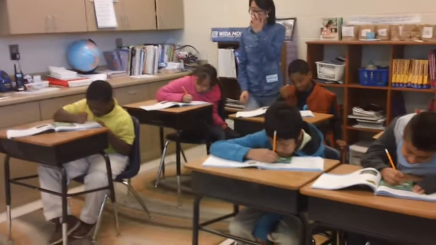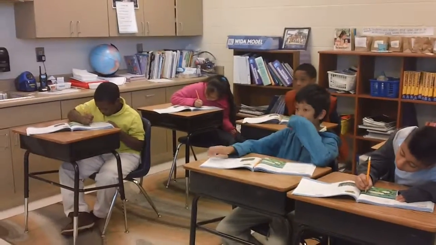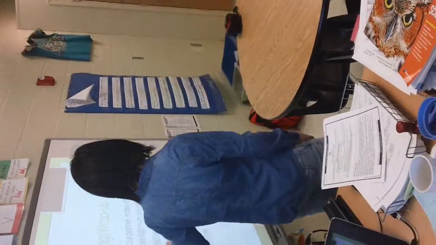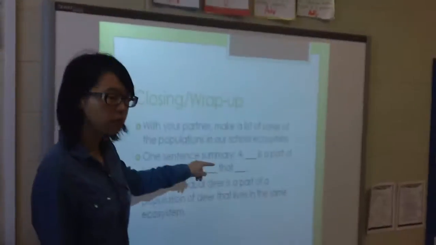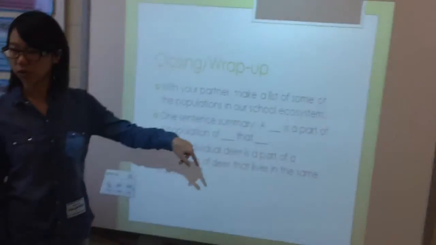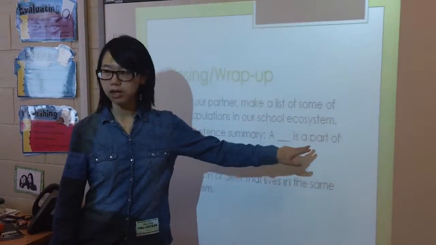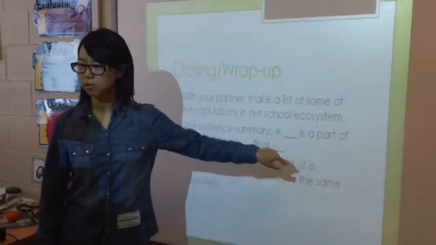Yes, okay, I think everyone got the right answer. Before we get out of the classroom, I have a summary sentence activity for you. We're just going to do the second one. Each of you write a sentence in your workbook: a blank is a part of a population of blank that's blank.